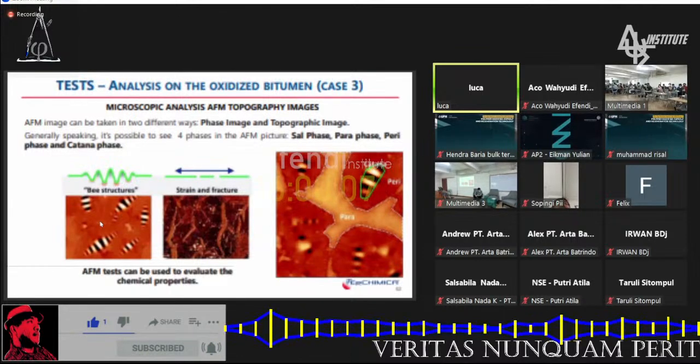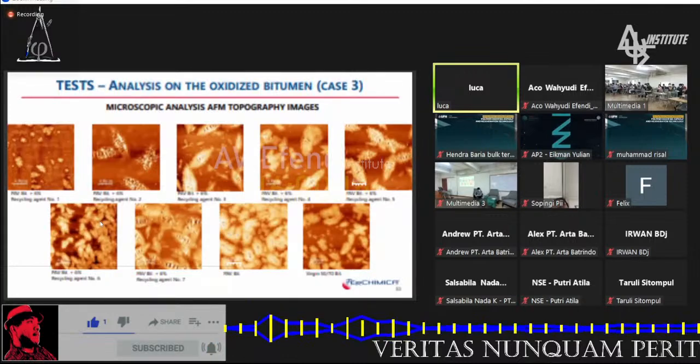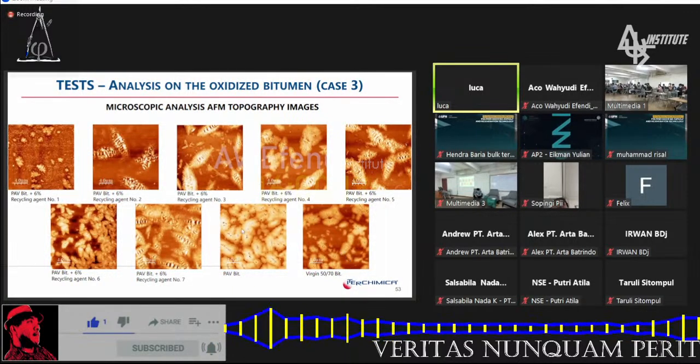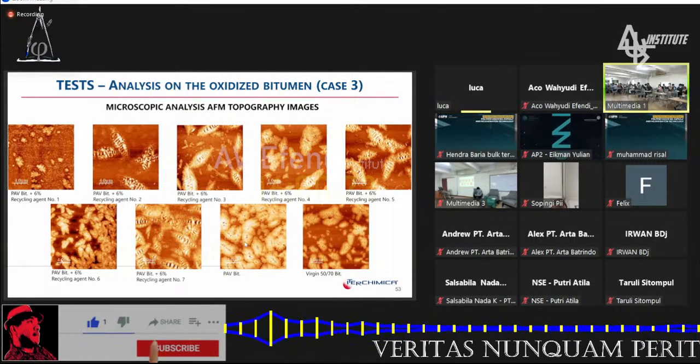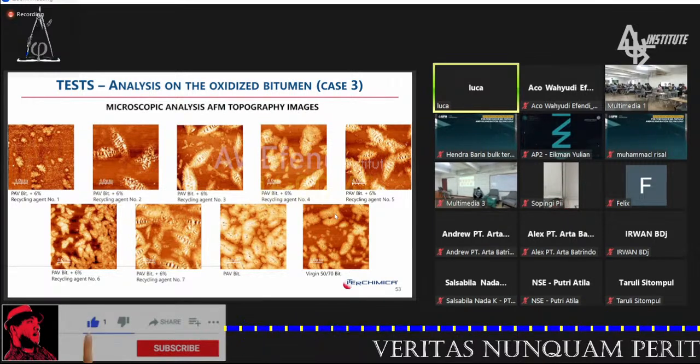So what we did was a microscopy analysis with AFM, analyzing the structure of the oxidized bitumen. We have the reference virgin bitumen, the PAV bitumen after the aging process, and then the bitumen with the rejuvenators. You can see the structure here. This is increasing because, as we said, the asphaltenes are bigger in the PAV bitumen than in the virgin bitumen.